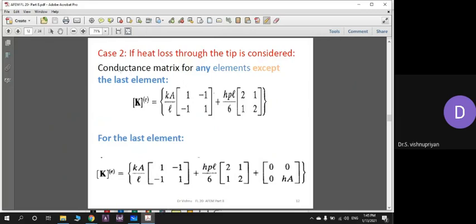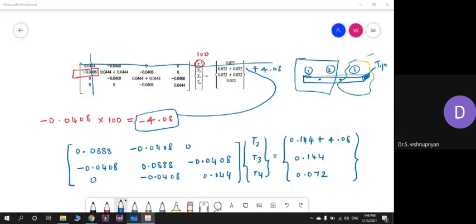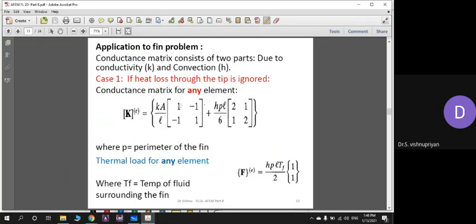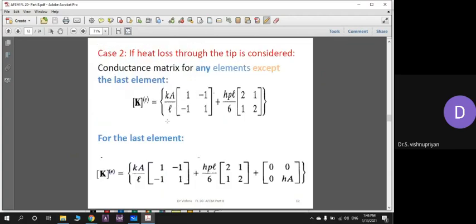Now, if you read this, it says conductance matrix for any element except the last element. Last element in this example was element number 3. So this is from before. If you compare this case and this case, they are the same. Now, what happens to the last element?